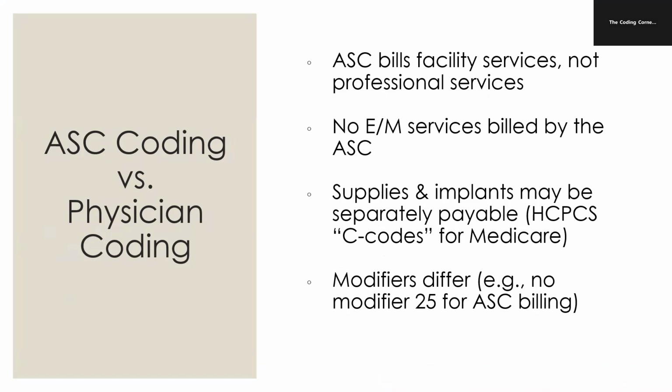The ambulatory surgery centers bill CPT or HCPCS codes for the facility's resources, such as staff, equipment, or supplies. Understanding the distinction prevents duplicate billing. There's no E&M services billed by the ASCs. Supplies and implants may be separately payable, and the modifiers differ.